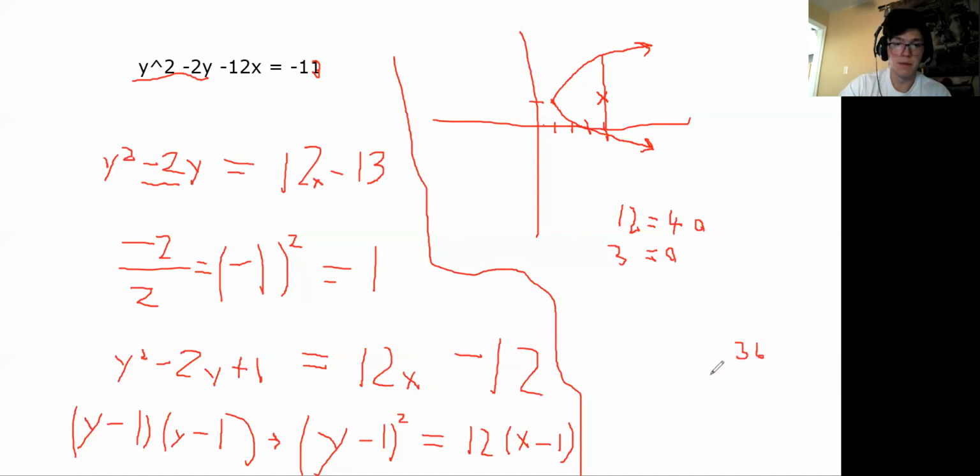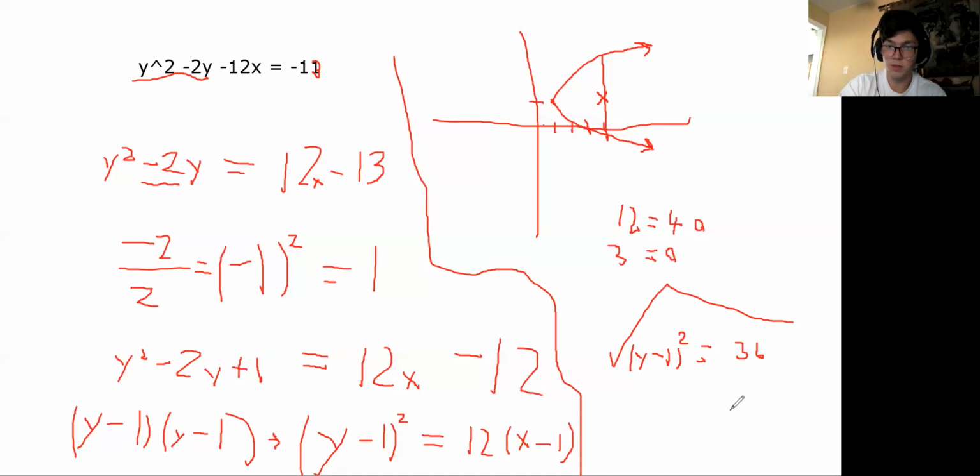And then y minus 1, so we'll do y minus 1, whole thing squared, is equal to 36. Quantity squared, so we've got to get rid of that square. So take the square root of both sides.